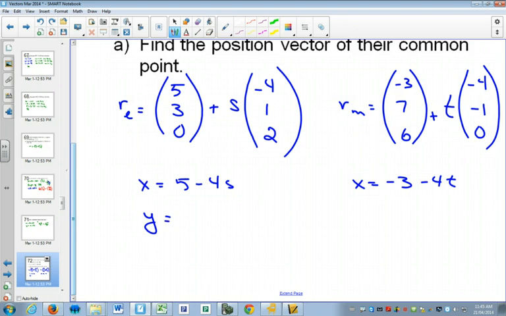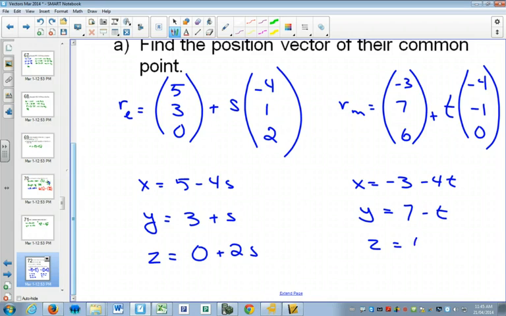This one's y-coordinate is 3 plus s, and this one's y-coordinate is 7 minus t. And finally, this one has a z-coordinate of 0 plus 2s, and this one has a z-coordinate of 6. The s would have to be 3.